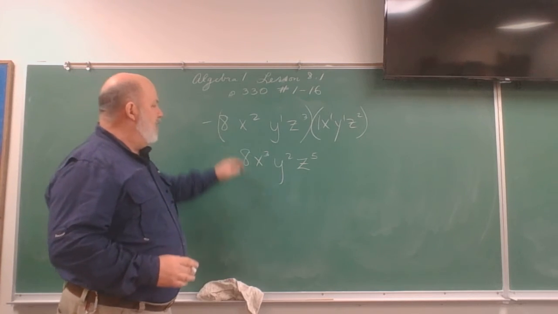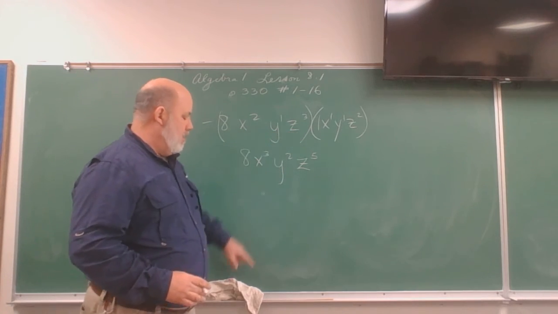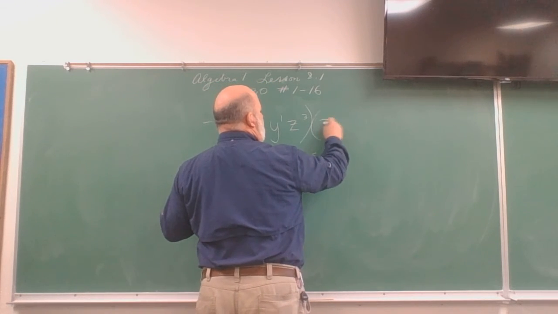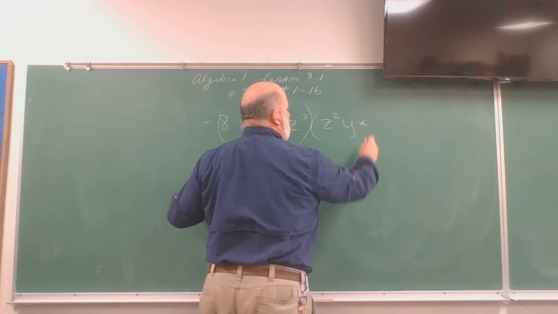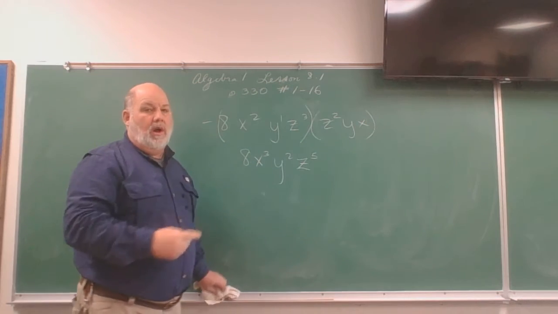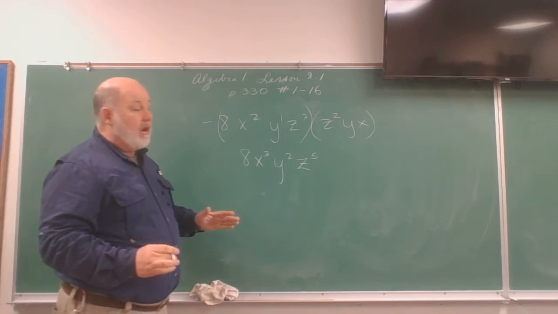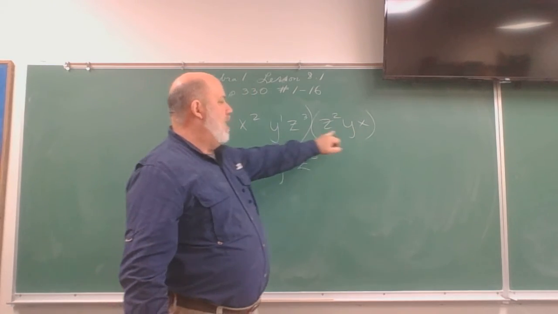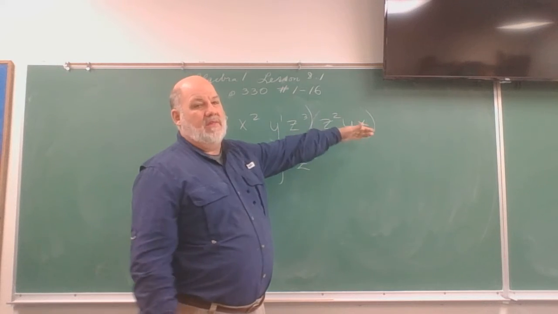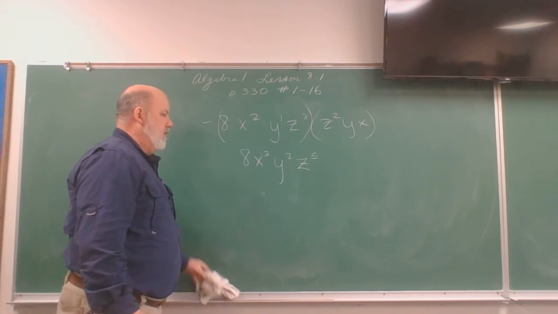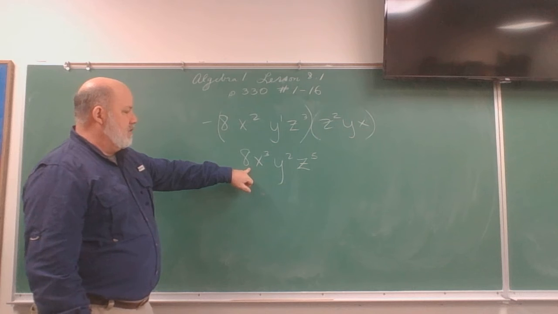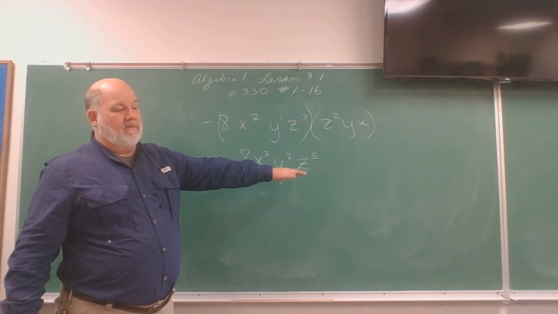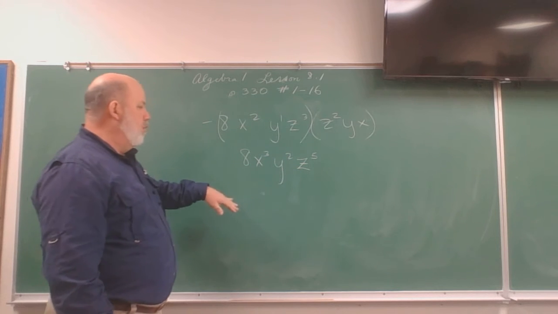I want to point out that order does not matter. If this had been z squared yx or z squared xy, order doesn't matter. This x and that x would still go together. This y and that y, that z and that z still all go together that way. You could have this answer written in any form, any order that you wanted.